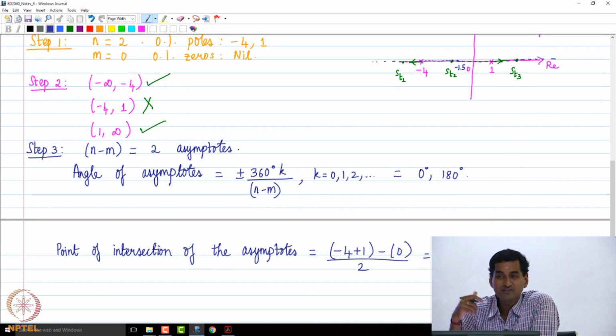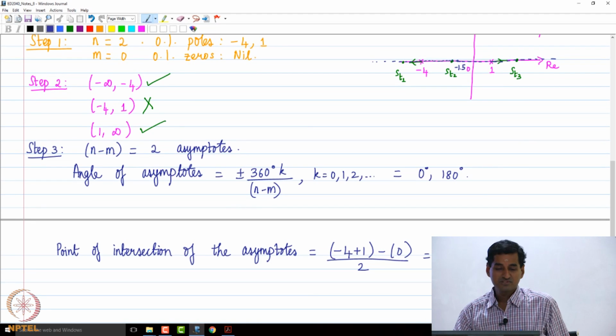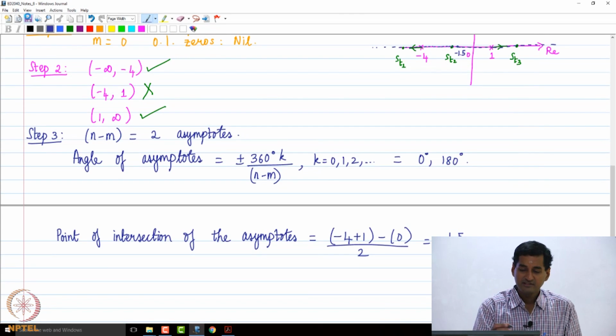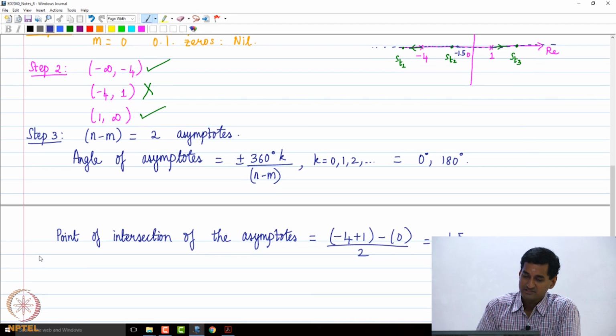That's what this calculation tells us, because there are two asymptotes that are supposed to intersect at minus 1.5 and make an angle of 0 degrees and 180 degrees with the positive real axis. So obviously they have to travel along the positive real axis and negative real axis. Those two are going to be the asymptotes as far as this particular root locus is concerned.